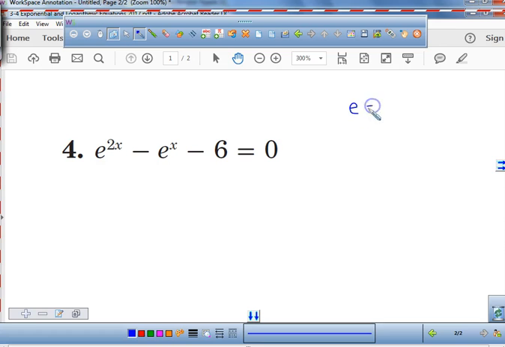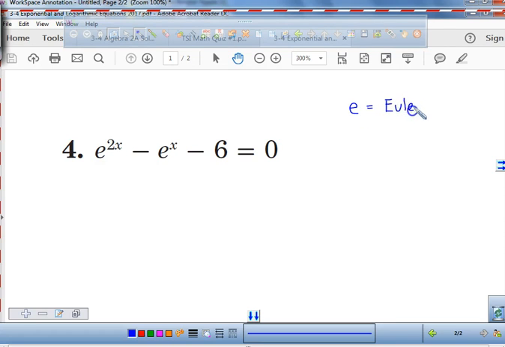E by itself is Euler's number. And the formula for Euler's number, E, is equal to 1 plus 1 over n raised to the power of n as n approaches infinity.